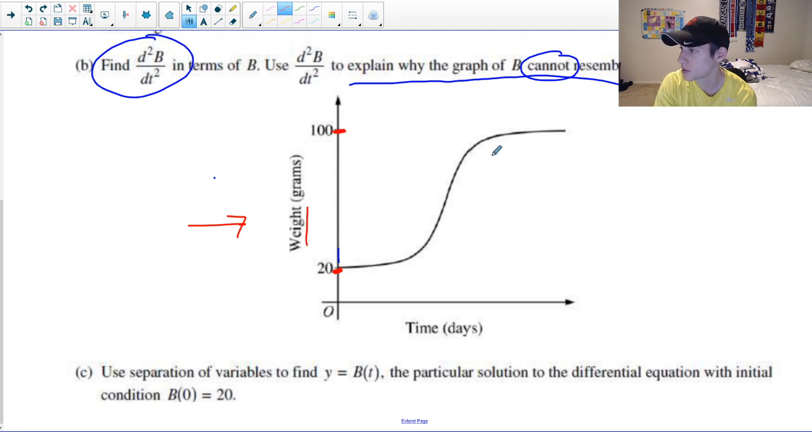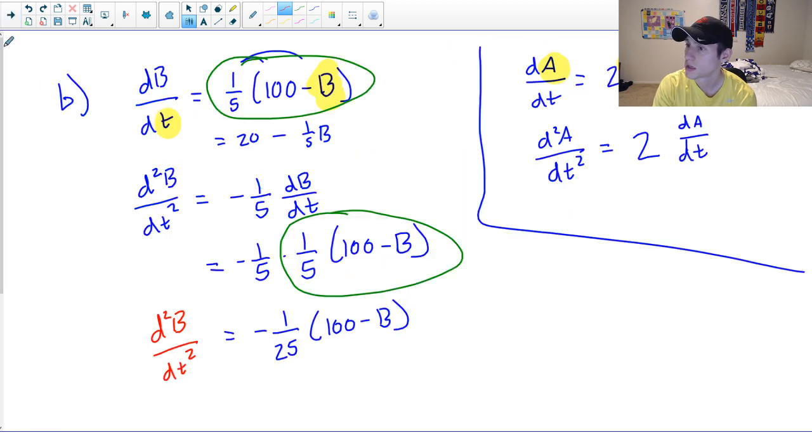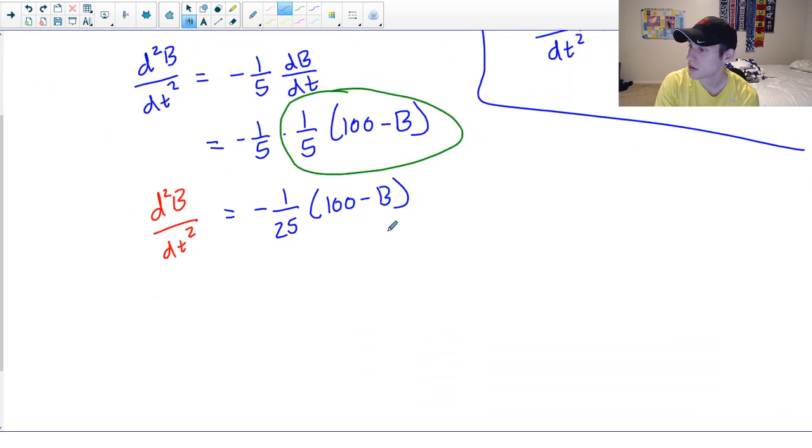The highest weight that we can see this graph hitting is 100. Actually it won't ever actually hit 100. So whatever we plug in for b is going to be something between 20 and 100, because it starts at 20.